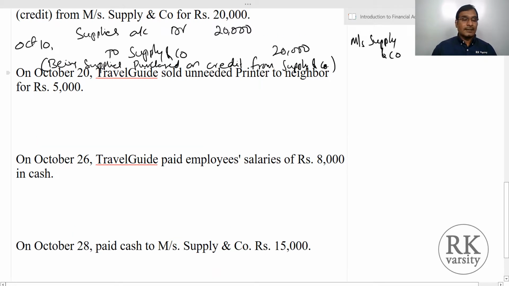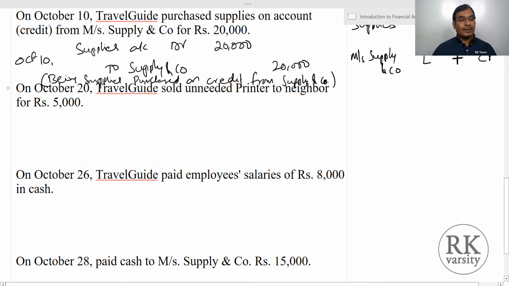Next is, say on October 20, Travel Guide sold an unneeded printer to a neighbor for rupees 5,000. So your printer is one. This is an asset and you sold it for 5,000 rupees and you are receiving cash. Cash is also an asset. So what is happening to the printer now? There is a decrease in asset, because when you are selling your printer, your assets will decrease.